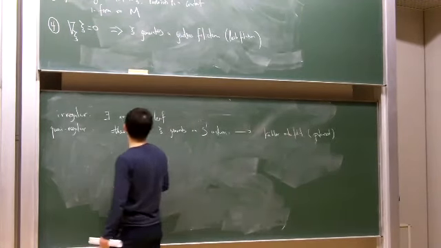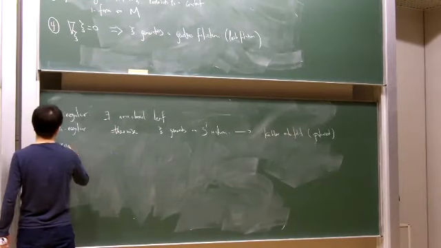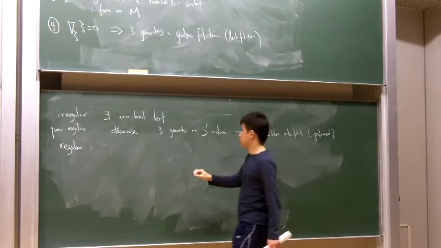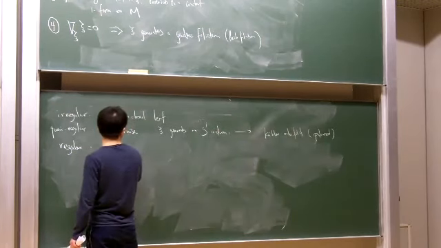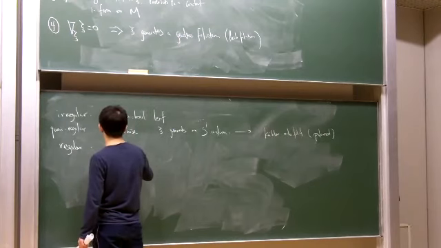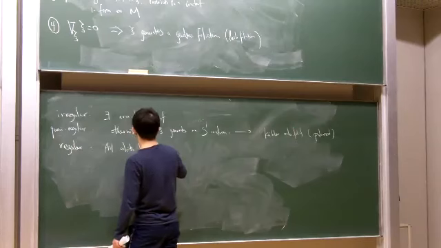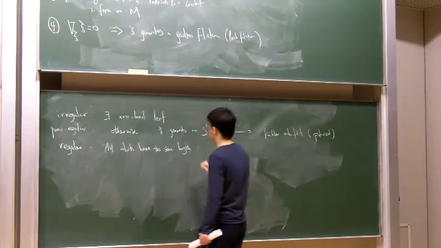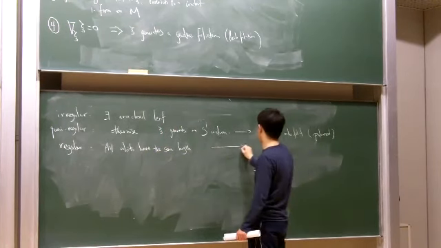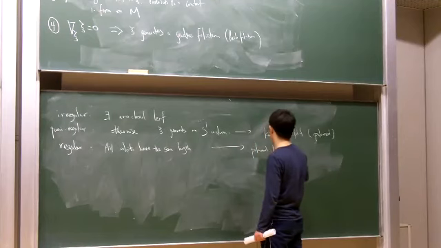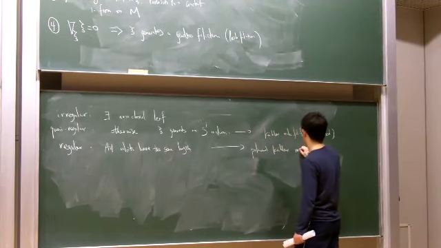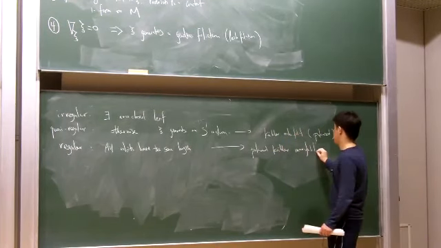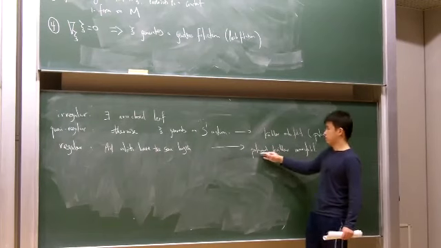Then we call it regular when the S1 orbits all have the same length, so no exceptional orbit. Then we get a polarized Kähler manifold, so the Kähler manifold together with the Kähler metric.